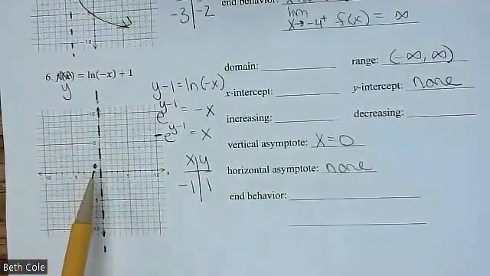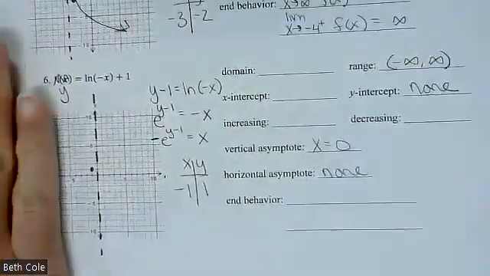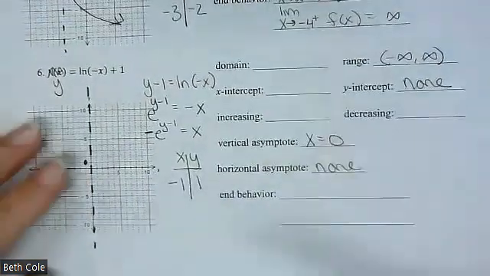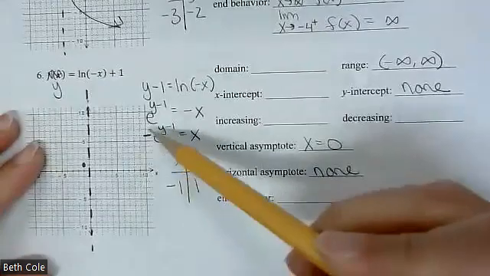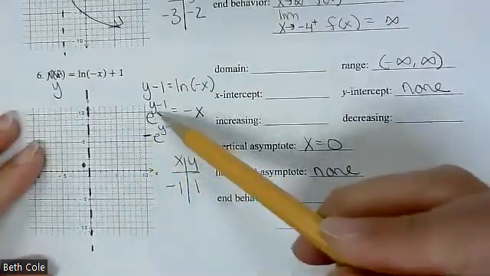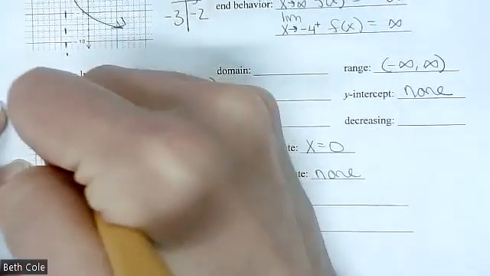It's on the other side. It's because of the negative. We reflected over the y-axis, so now your graph is over here. Watch. Instead of looking like this, do you see? It would look like this, but it got reflected. Now it's going to go this way.